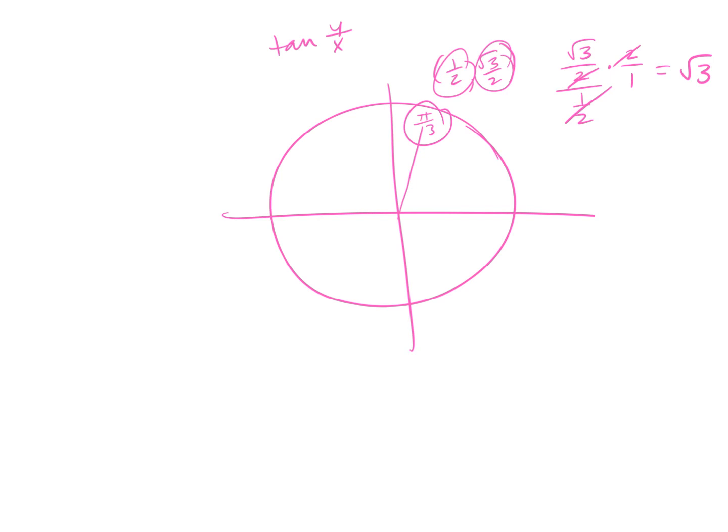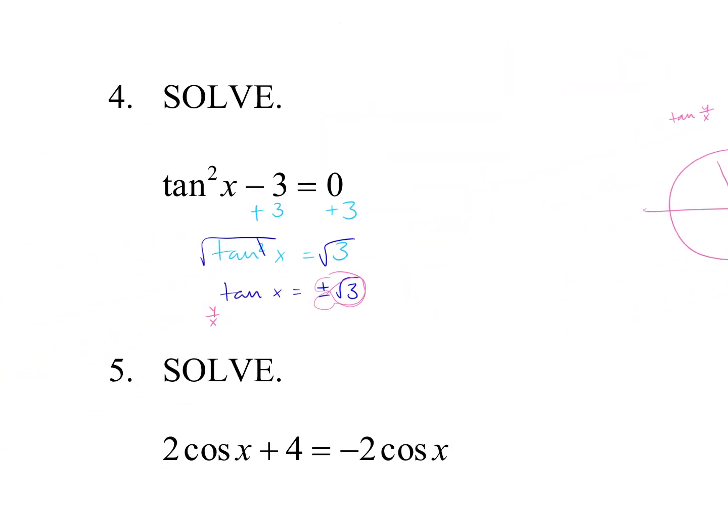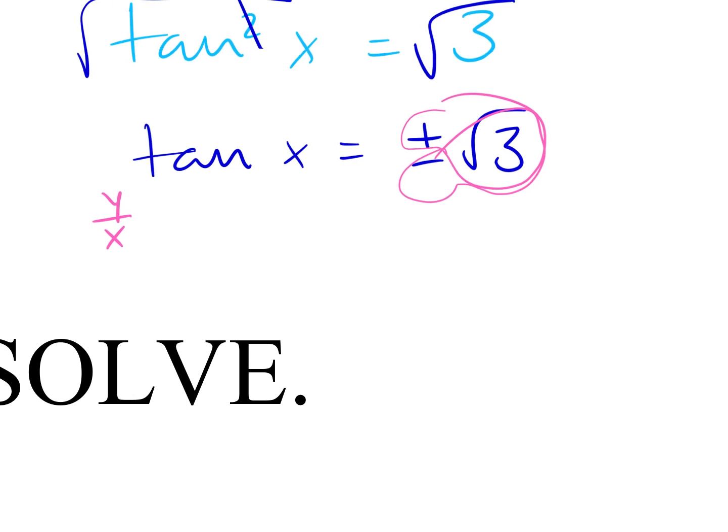So looking at your unit circle, have a unit circle with you, but my answers here are going to be pi over 3. It will be 2 pi over 3, 4 pi over 3 and 5 pi over 3.